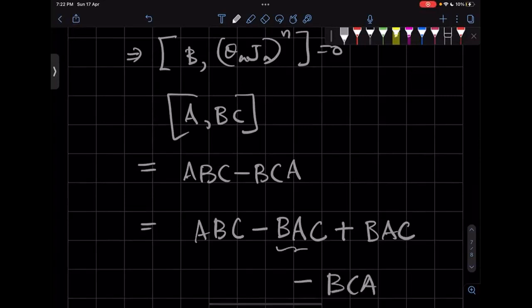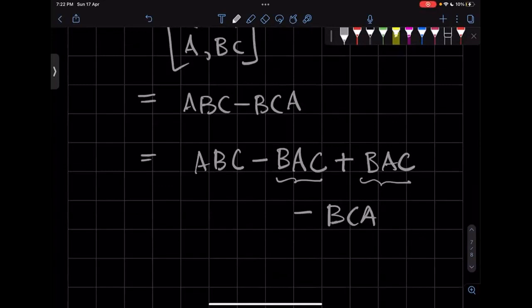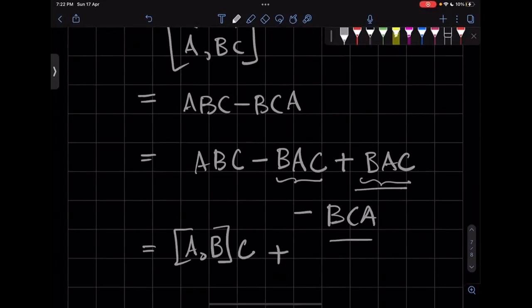So I subtracted this and added this. And the first term is just the commutator of A and B times C. And the third and the fourth term are B times the commutator of A and C, right?